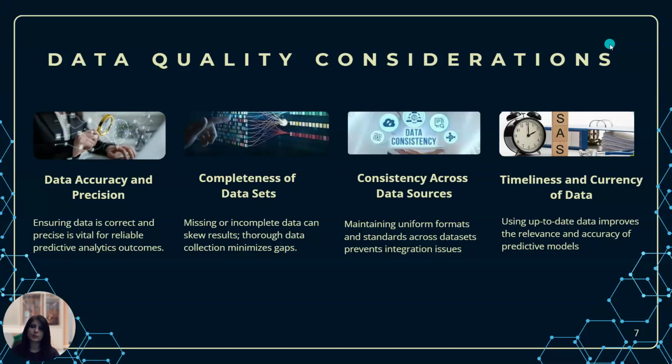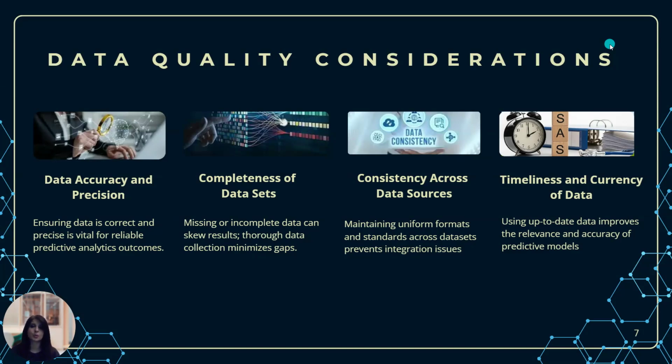The completeness of the data sets: no data should be omitted, and that completeness needs to be observed and implemented throughout the whole data collection in order to minimize the gaps. No gaps would be the most ideal version of the data sets.